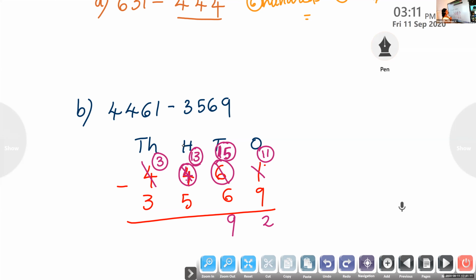13 minus 5, what will you get? You have to draw 13 lines and cross 5 lines. Can I draw? Yes. Otherwise we can draw together. 1, 2, 3, 4, 5, 6, 7, 8, 9, 10, 11, 12, 13. And cross 5 lines. 1, 2, 3, 4, 5.